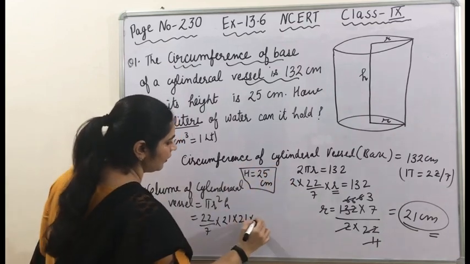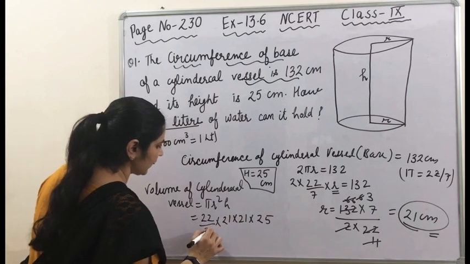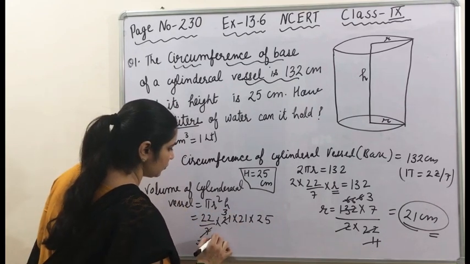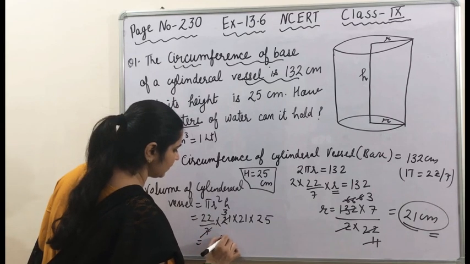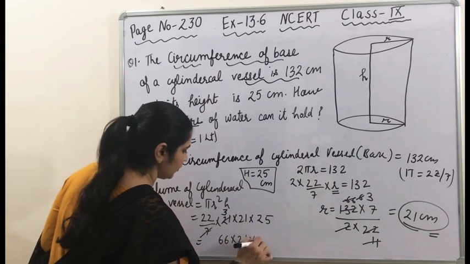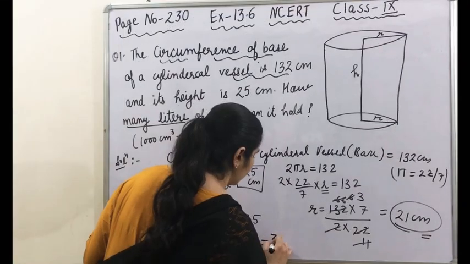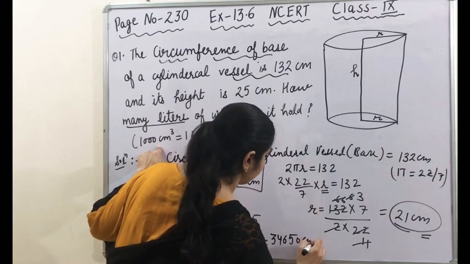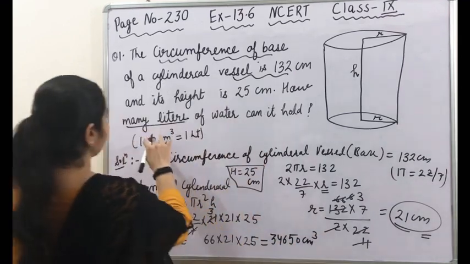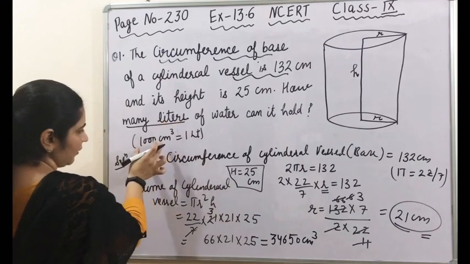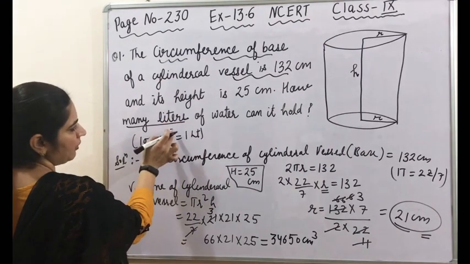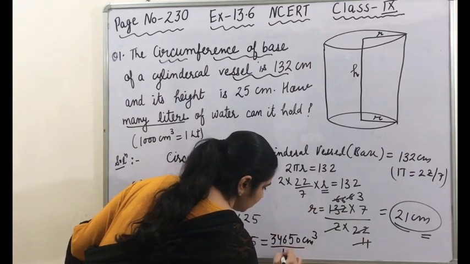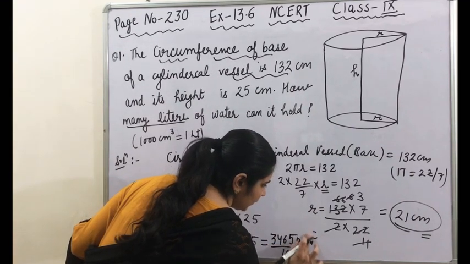We'll apply the value, we'll do the cancellation. 7 3s, 22 into 3, 66 into 21 into 25 is equal to 34650 centimeter cube. But they are asking in liter. This is given 1000 centimeter cube is equal to 1 liter. So we'll divide by 1000, will be in liter.